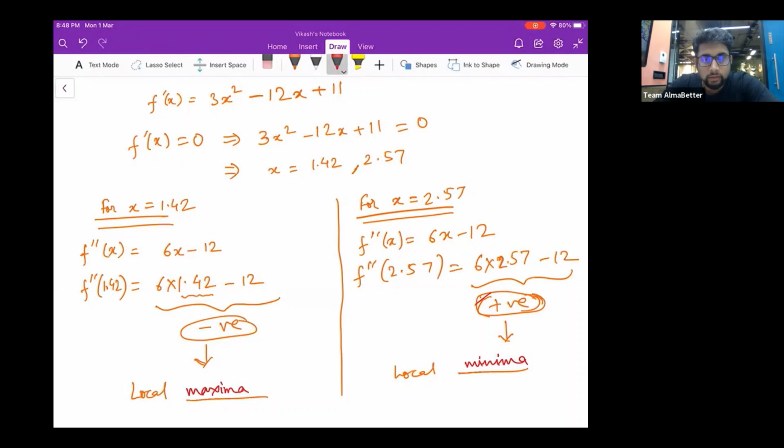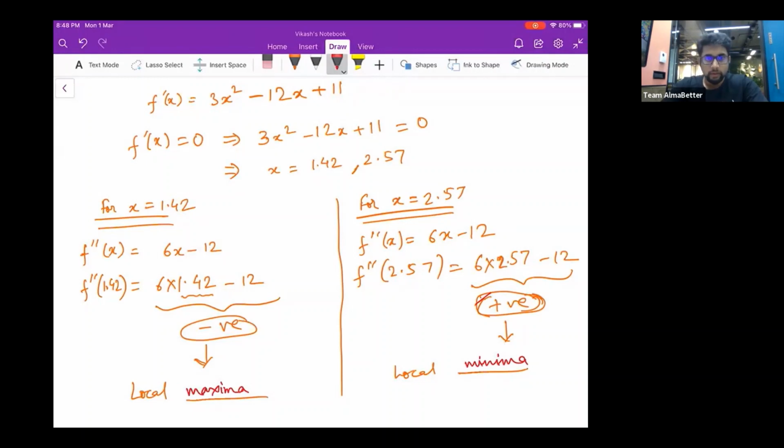Okay. So at saddle points, your double derivative will become 0, right? Negative means local maxima, positive means local minima, and for a saddle point it will become 0. Okay, great. So let's move on to the next topic.